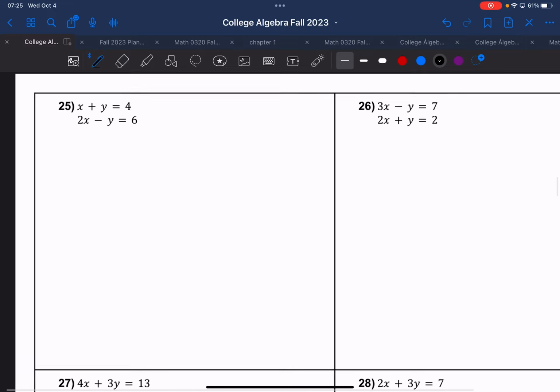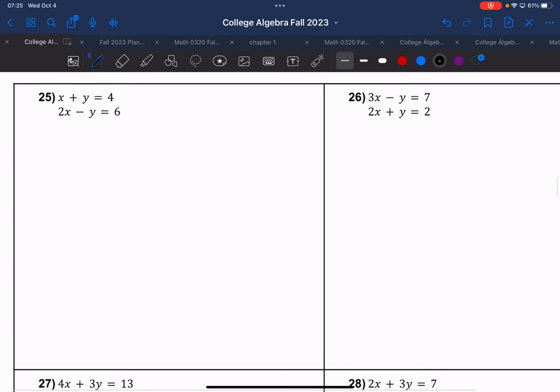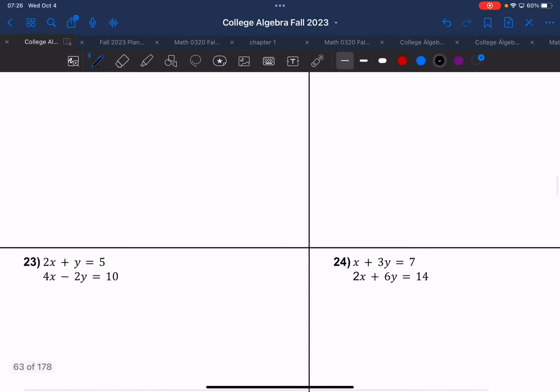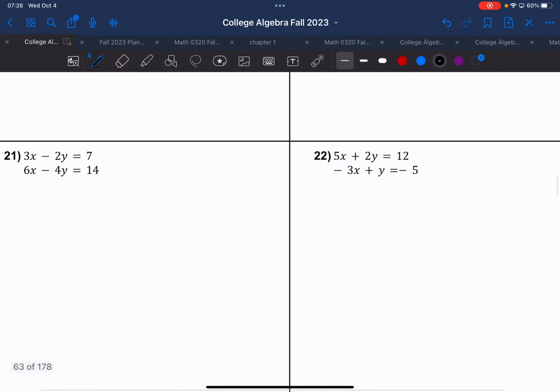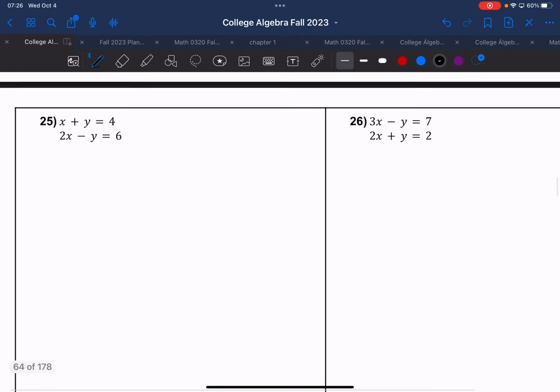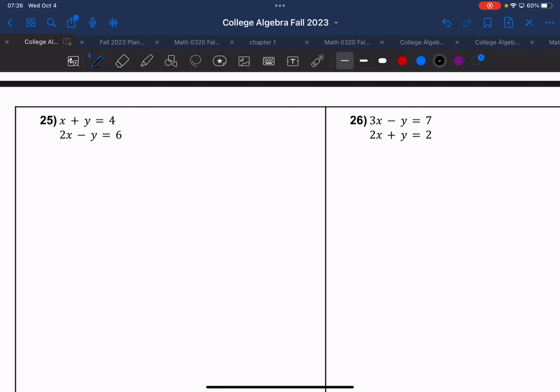Okay. So if you have the notes printed, I'm looking at number 25. And this is now under elimination. So the reason I skipped the first 8 on elimination is that they're the exact same problems we did above, but we did it with substitution. So I'm just going to use fresh problems to show you elimination.